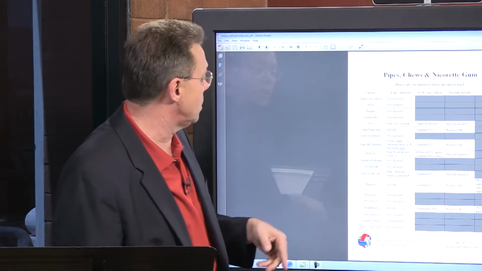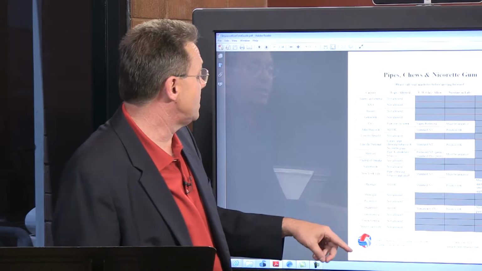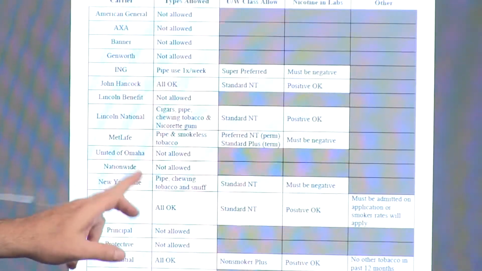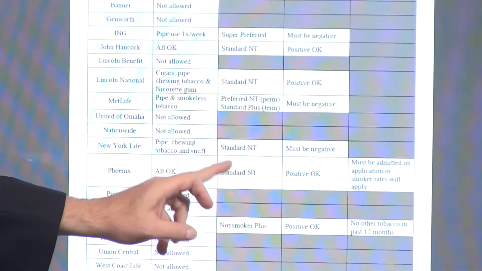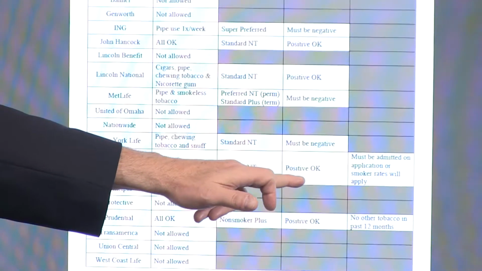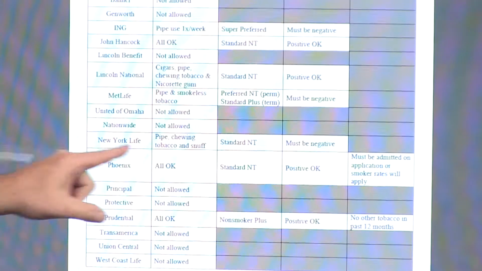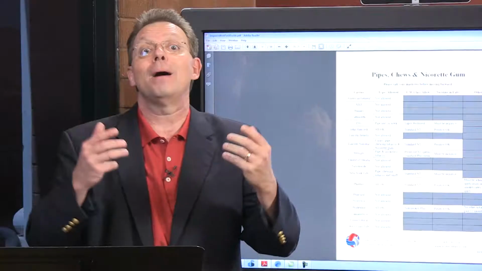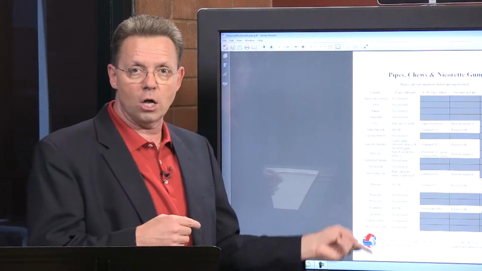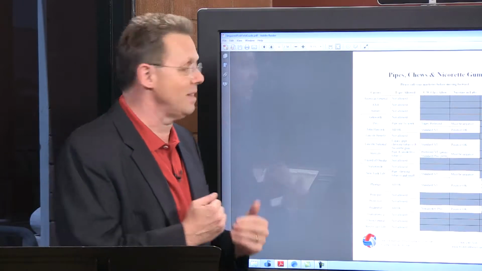As I'm going down the list here, I also noticed that there's certain carriers that say all types, that's one of the few in here, all types but it's only going to be standard. So if I sit there and go, well, that's great for standard, and I can have nicotine in my urine, I want to also go back and say, but is that number going to be better than this carrier, depending upon its product? So remember, I have to look at offer, I have to look at their protocols, what they allow and don't allow, and the bigger issue, of course, is I have to integrate that with product.